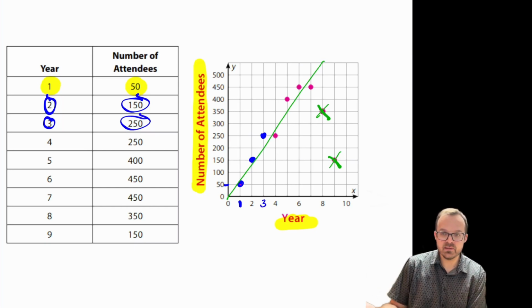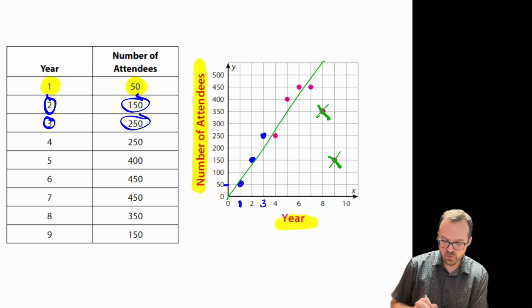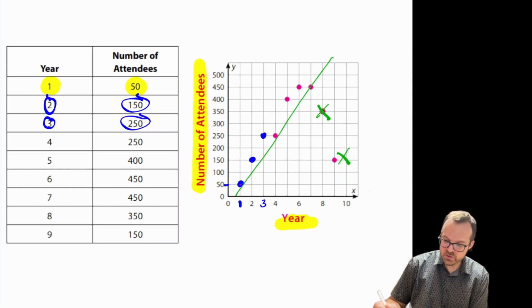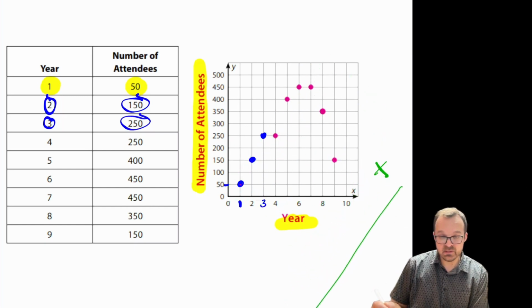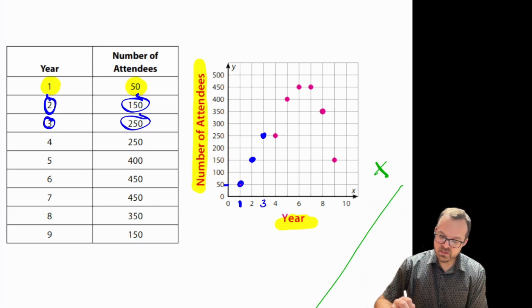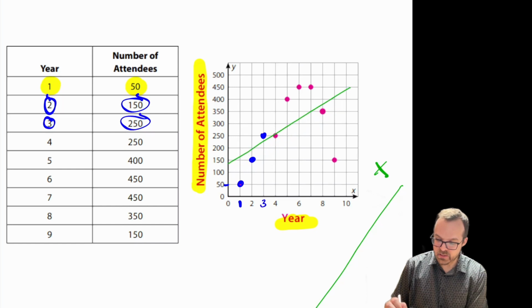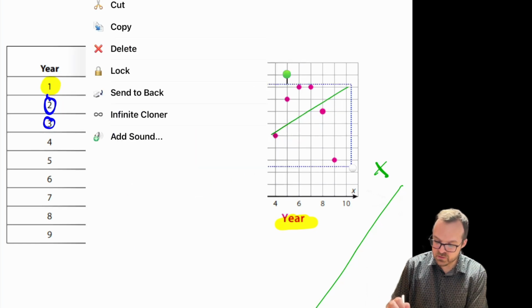So if you wrote that, I understand why. However, these 2 points right here, we can't just ignore them, right? In this case, we kind of have to accept them. And if I were to draw a trend line, I have to try to keep half of my points above and half of my points below that line. So maybe something closer to this.